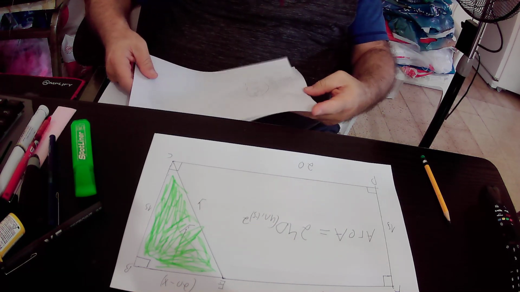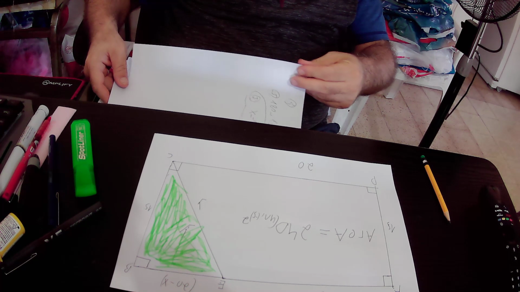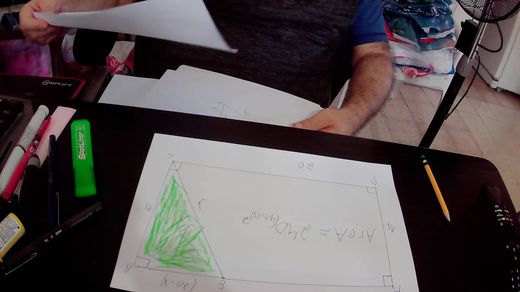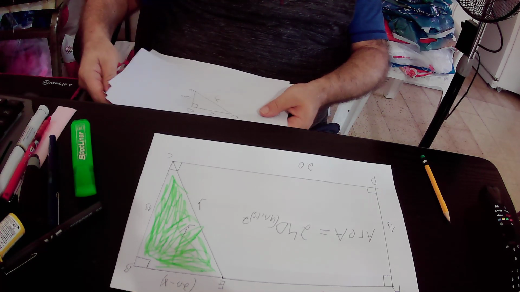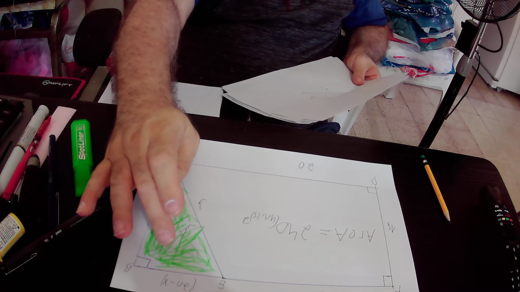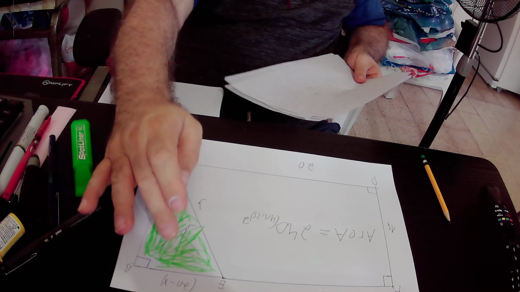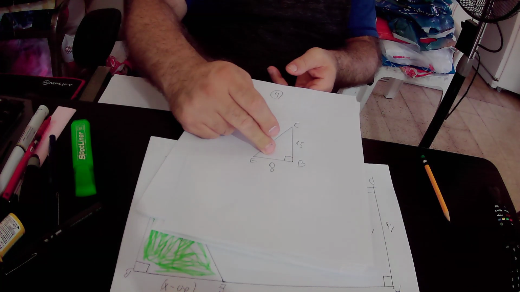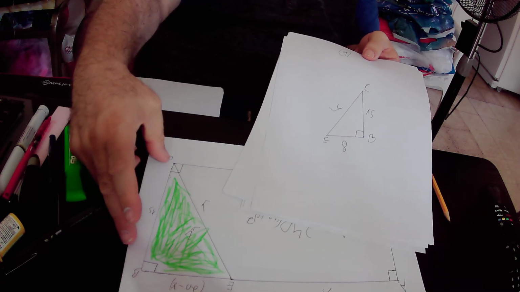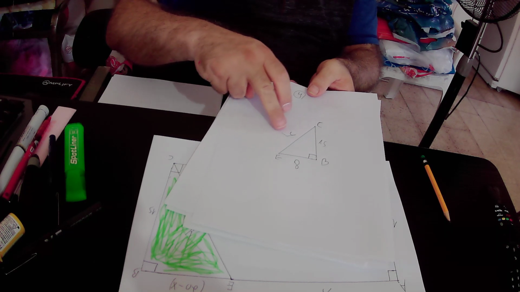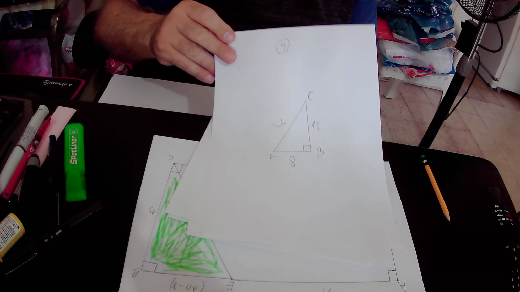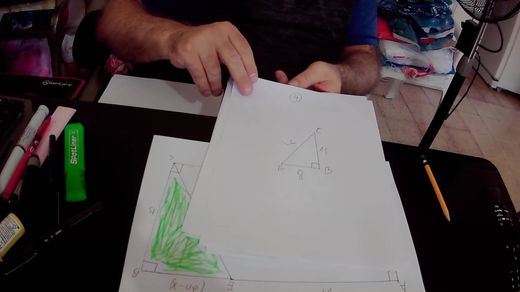Okay, and then, if x equals 12 units, then EB equals 20 minus x, which is 20 minus 12, which is 8. So side EB of the right triangle equals 8 units. Side BC equals 15 units. And y is the only variable that is missing.